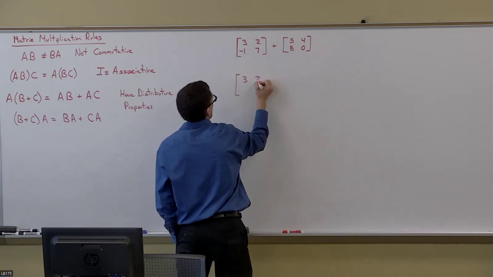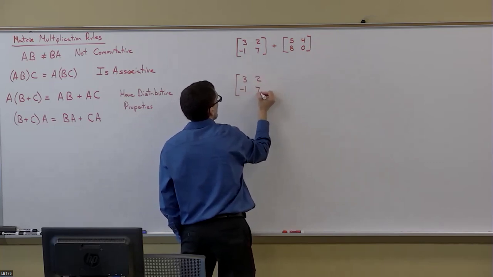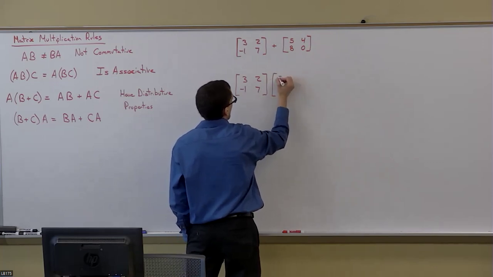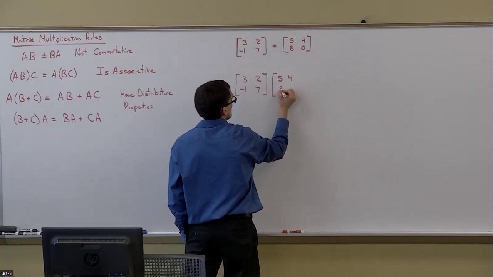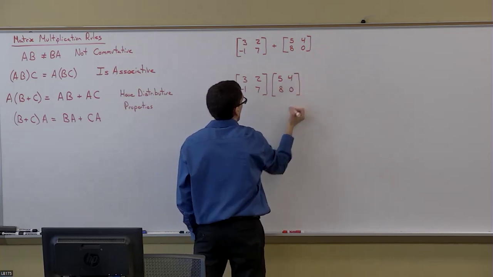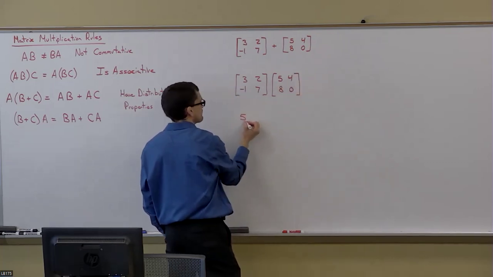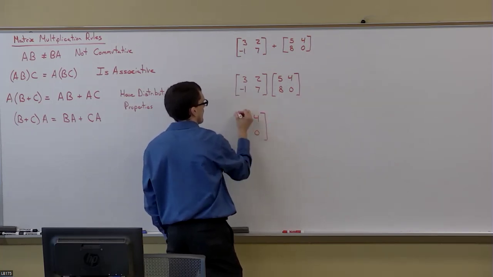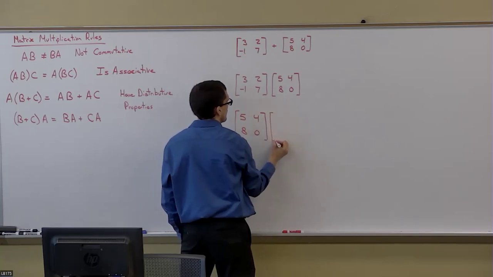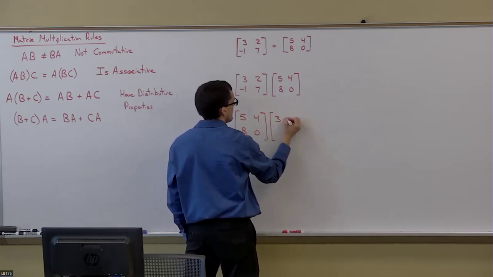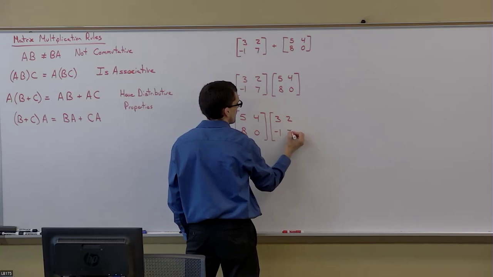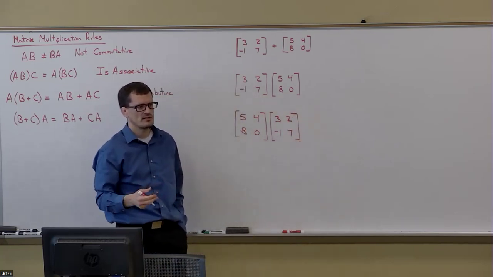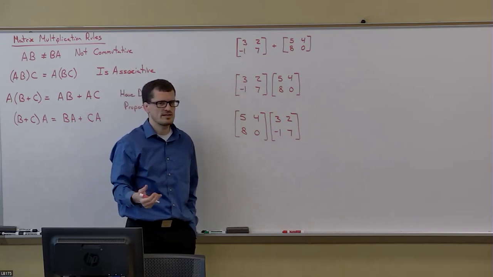And the dimensions are nice, so we can multiply those in either direction. That's one of the nice things about square matrices, that you can multiply a square matrix times another square matrix. You guys know what I mean by square? 2 by 2 or 3 by 3, 4 by 4, those are all square matrices.